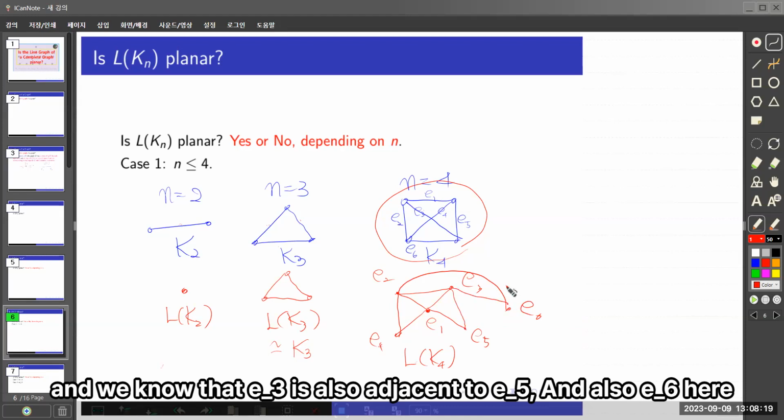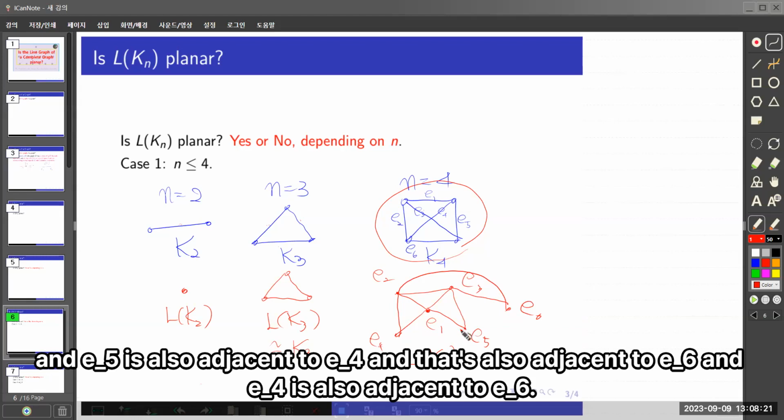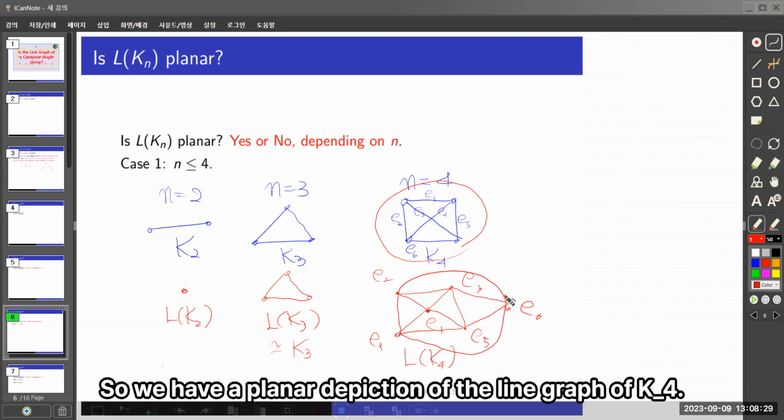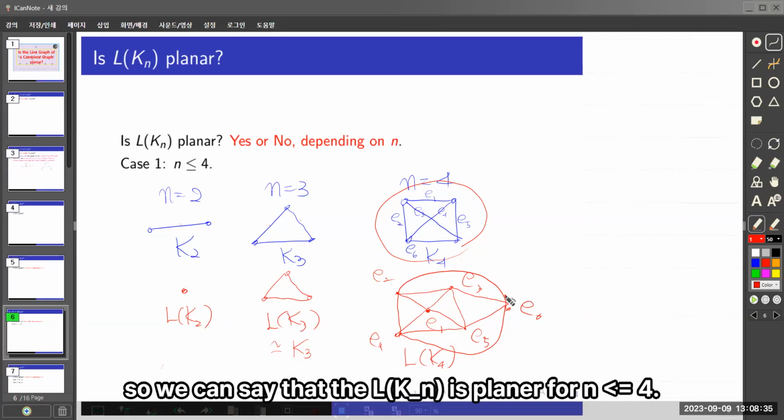And E sub 5 is also adjacent to E sub 4 and E sub 6. And E sub 4 is also adjacent to E sub 6. So we have a planar depiction of the line graph of K4. So we can say that LK sub n is planar for n less than or equal to 4.